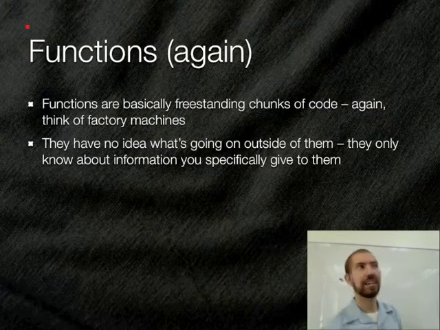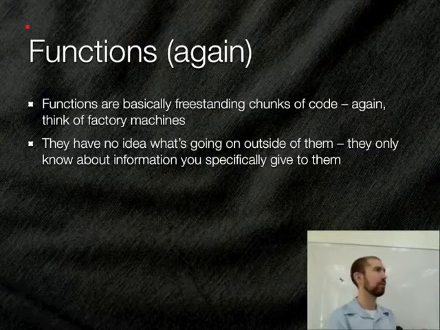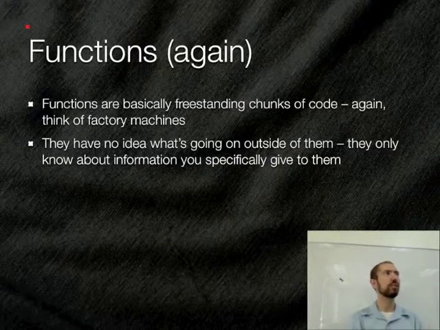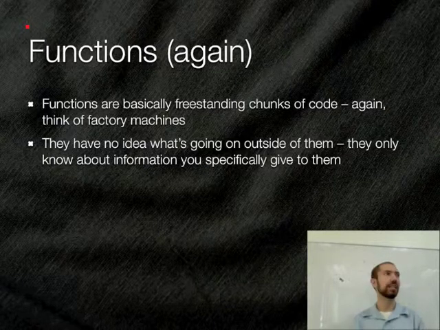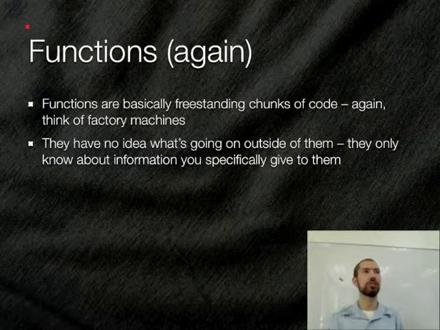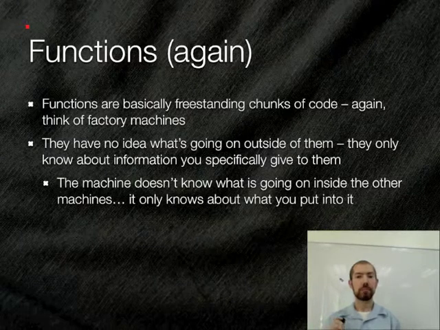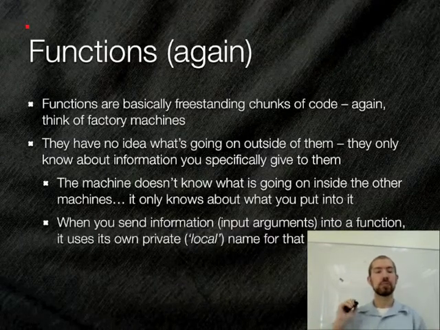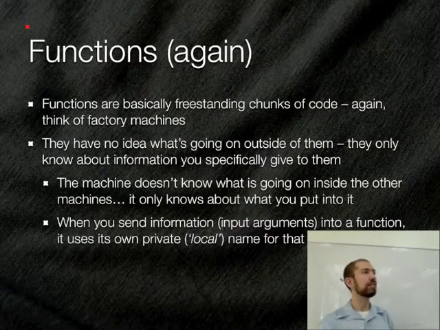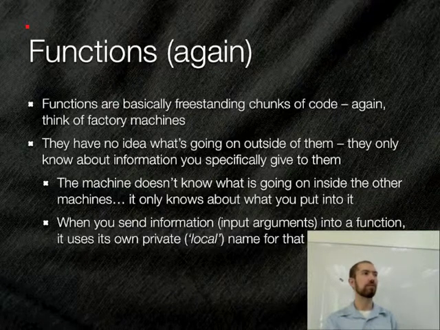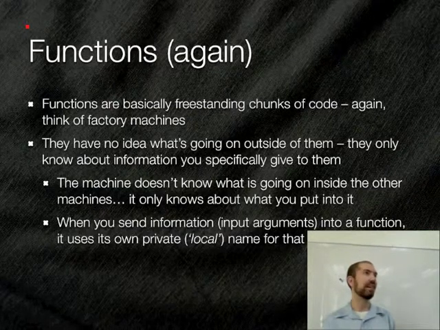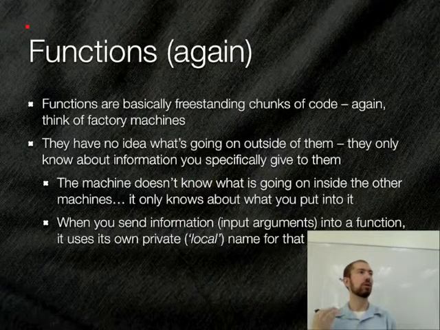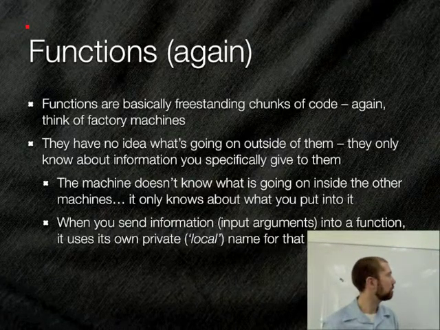So that's the basic idea: this function is a freestanding bit of code. It knows what you've put into it, it knows what it wants to spit out, but it doesn't know why you're doing that, right? It just knows that it should do its job when you use it. So that means that when you give information to a function from outside, it uses its own private names for that information, or what we would call a local name.